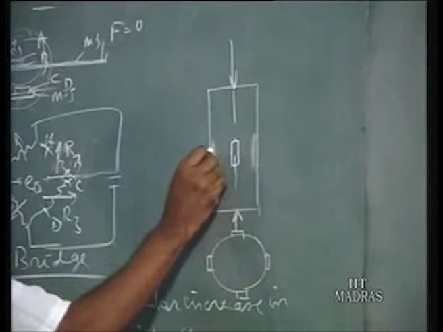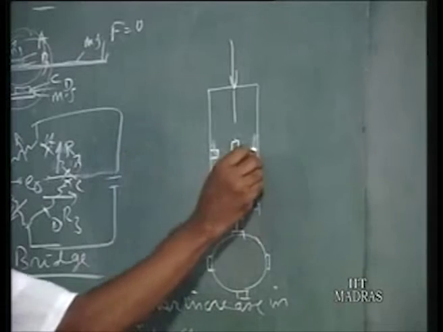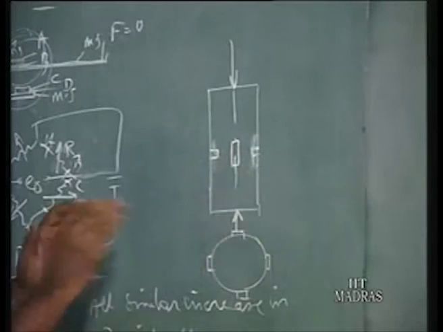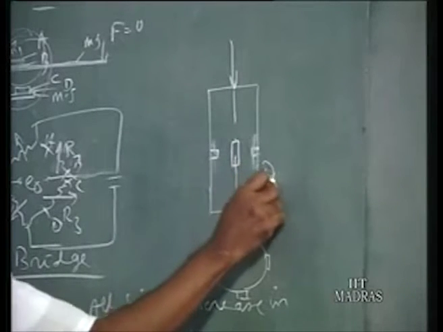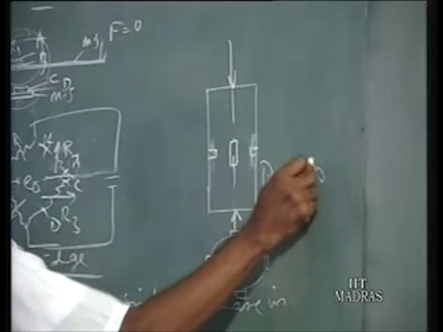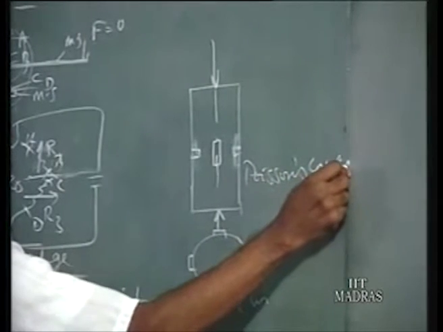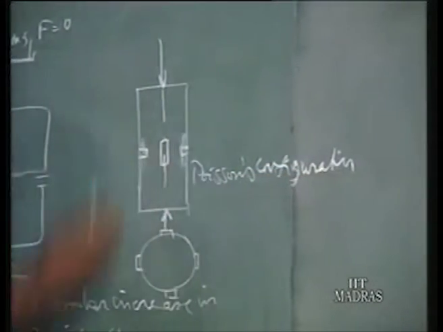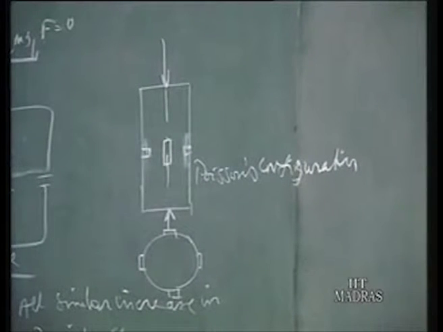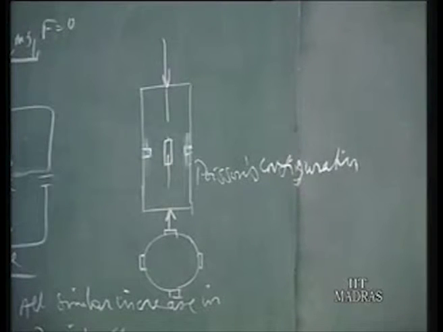So don't paste all of them in the same direction. 2 of them axially and 2 of them in the transverse direction, 90 degrees to this length. So that is called Poisson's configuration. That is 2 in the axial direction, the other 2 at 90 degrees to the axial direction, transverse directions.